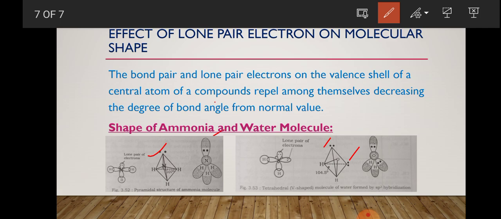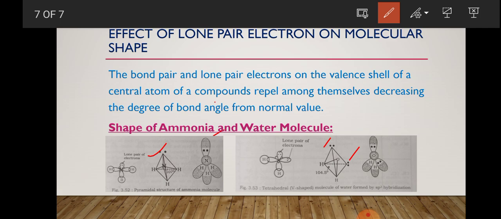Instead of a tetrahedral structure. And one thing is very important: when the central atom of a molecule contains all bond pair electrons in its valence shell, then the shape of the molecule is normal.